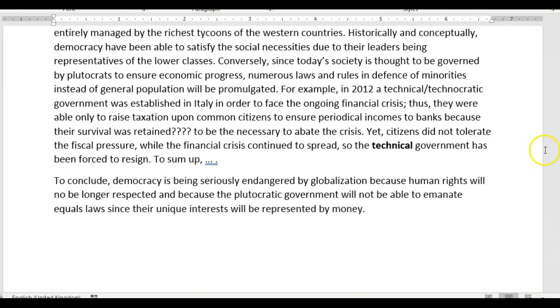I'm kind of stuck, okay? Because human rights will be respected. Okay, I'm not going to write, I'm going to say it. Will be respected less and less in the future, and because the plutocratic government will not be able to produce, let's say, legislation based on equality, as their unique interests will be represented by money.